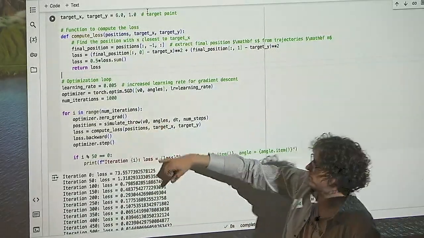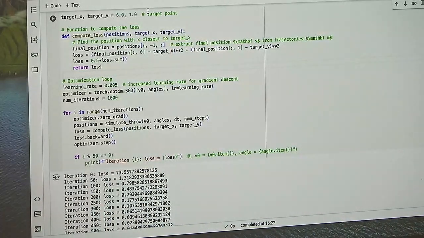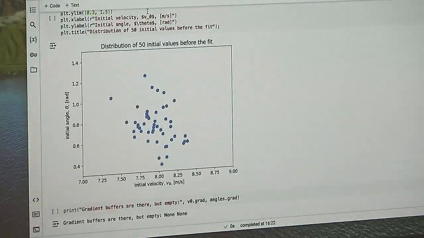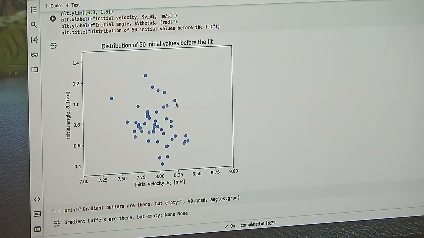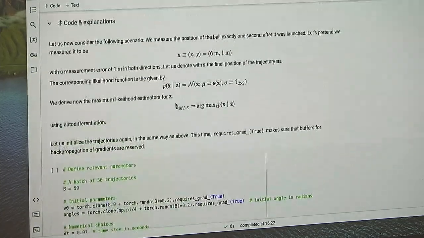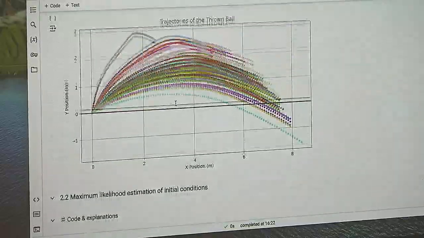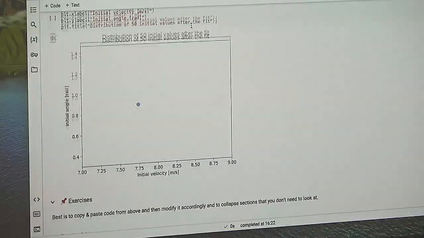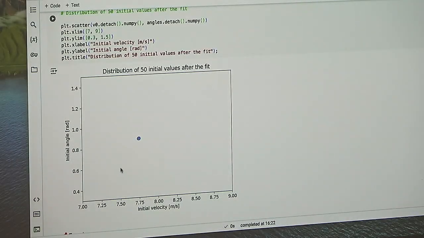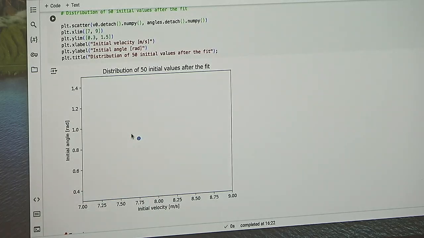And so if you run this for a while, what happens is that all these initially randomly initialized trajectories, right, so these were initial velocities and angles just drawn randomly from some distribution that doesn't really matter, which led to random trajectories that look like this, all these 50 initial values zoom together to one point and to the same trajectory.